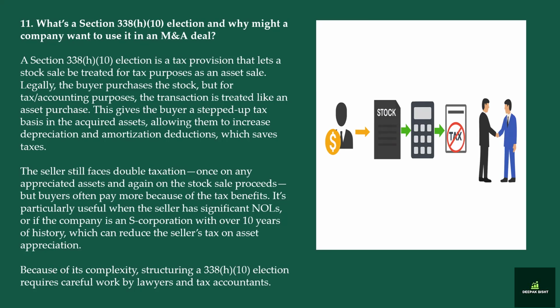Second, there is a possibility of double taxation. For a corporation, an asset sale taxed at the corporate level and then distributed to shareholders might trigger double taxation, because the corporation pays the taxes, then distributes to the shareholders, and then shareholders also pay taxes. This means there is going to be double taxation.